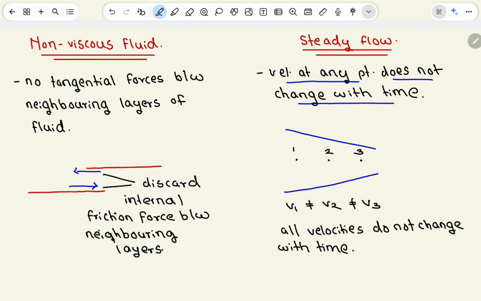All the velocities do not change with time, which means that v1 is constant, v2 is constant, and v3 is also constant. So a steady flow means a flow in which velocity at different points can be different, but all the velocities at those different points are constant in time. They do not change with time. So these are all the four properties that must be satisfied for a fluid to be called an ideal fluid.